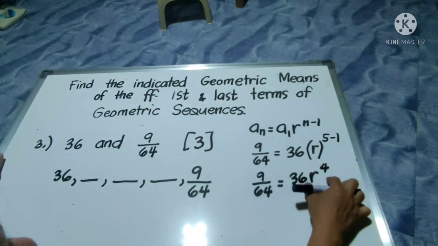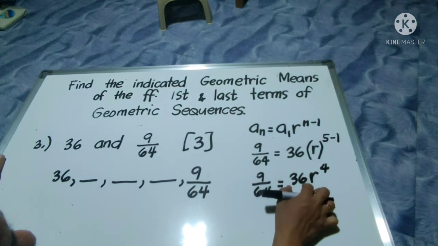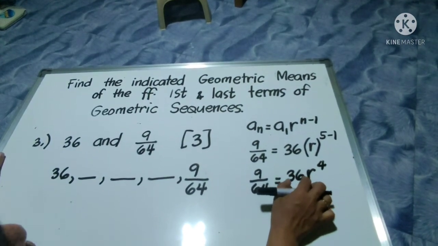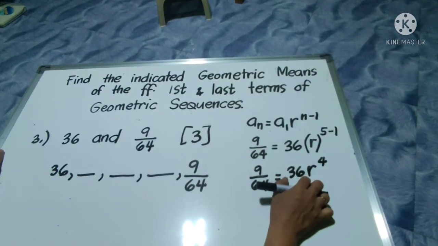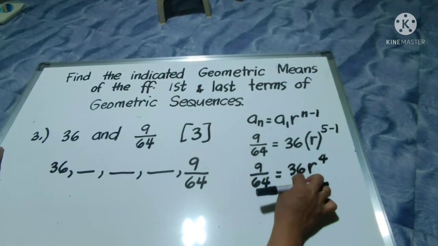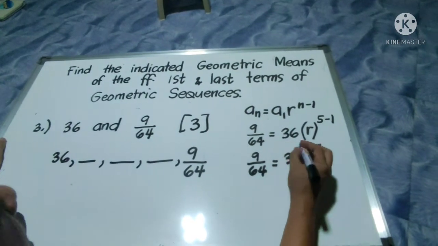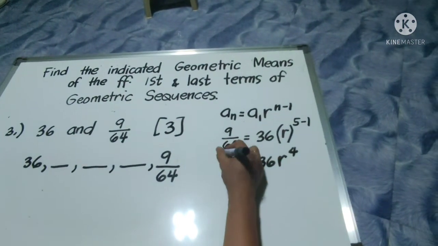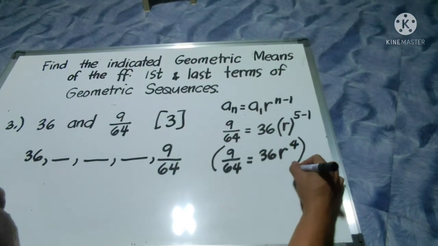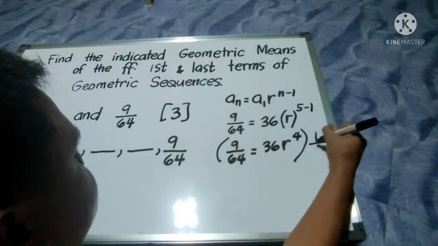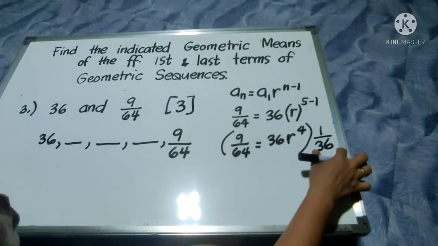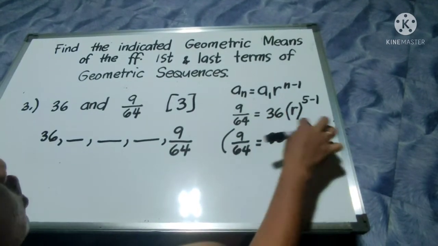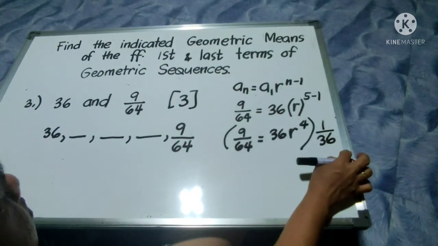Our target is to solve for r. Therefore, we need to get rid of 36. And how is that possible? That is possible by dividing both sides by 36, or by multiplying the whole equation by 1 over 36. So 1 over 36 will be distributed to both sides of the equation.